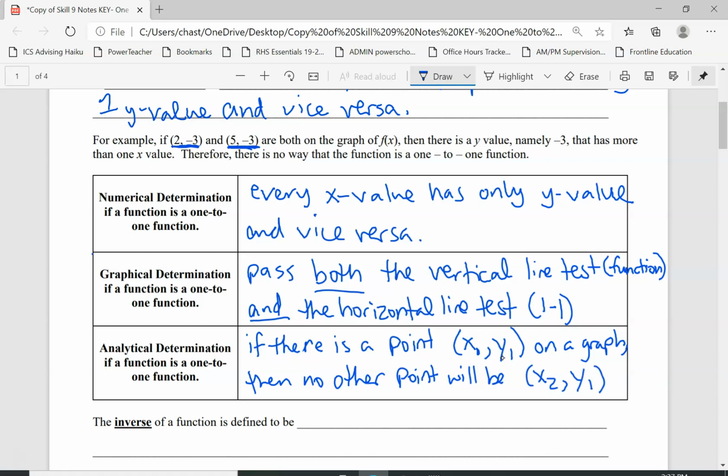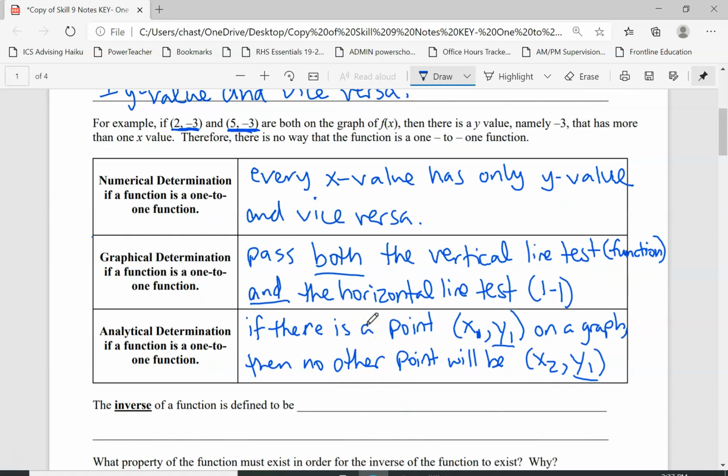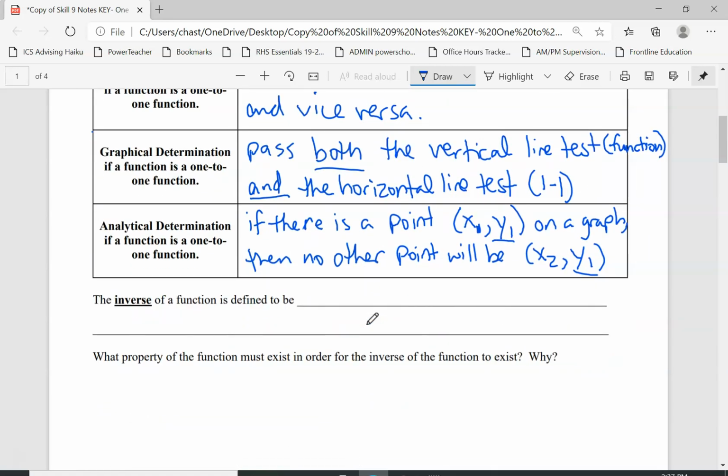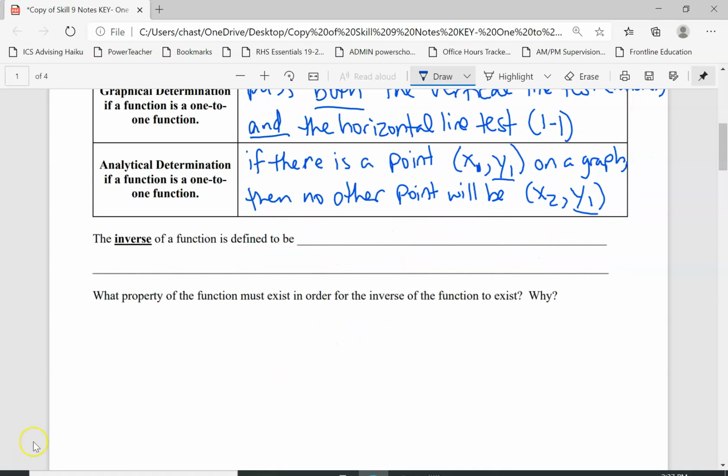Basically, if I have an x value that goes to some y value that we call y1, there will not be another x value that will also go to y1. That is how we're going to determine whether we have something that is one-to-one.